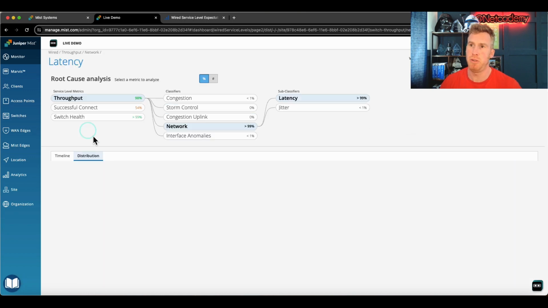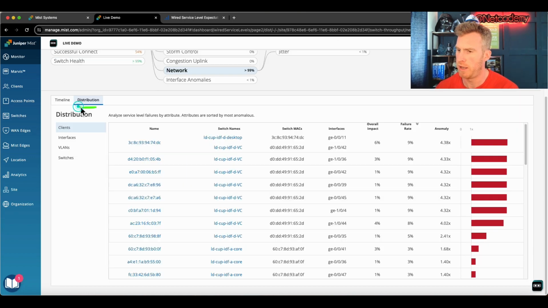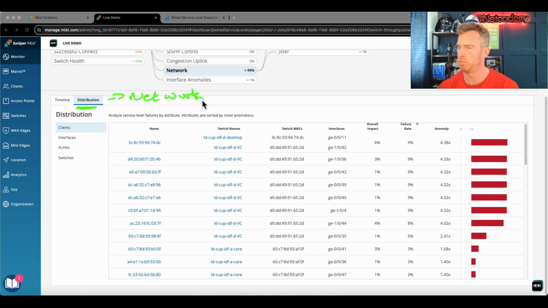Now under distribution, we really look at the network itself, the network being the switches. When we talk about switches, there are a number of different factors and elements, but Mist can define the VLANs, so we can see how that latency is spread across those different VLANs, whether you've got one native default VLAN of 1, or 100 VLANs, it doesn't matter.